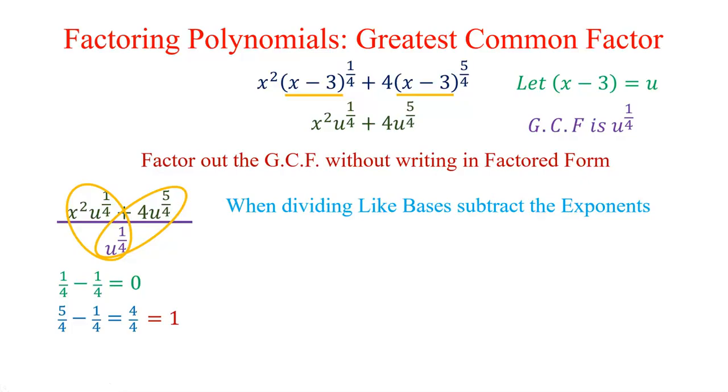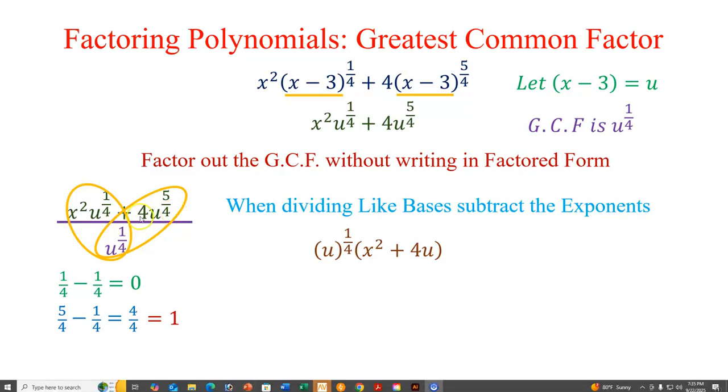And so when we divide each of these two, we'll have our GCF of the u to the 1/4. When we divide these two, the u to the 1/4 cancel, leaving me with my x squared. And the 5/4 minus the 1/4 gives u to the first, and I still have my 4.